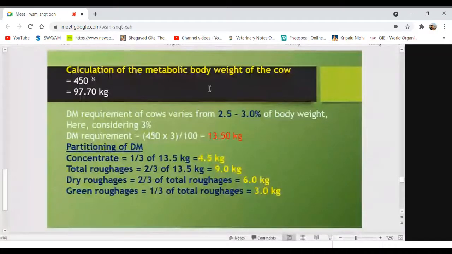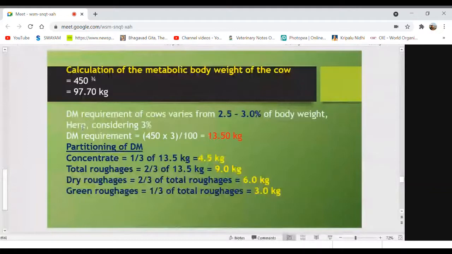After that, partitioning of diameter: 1/3 of the total diameter should come from concentrates, and 2/3 from roughages. Therefore, concentrate will be 4.5 and roughages will be 9 kg.